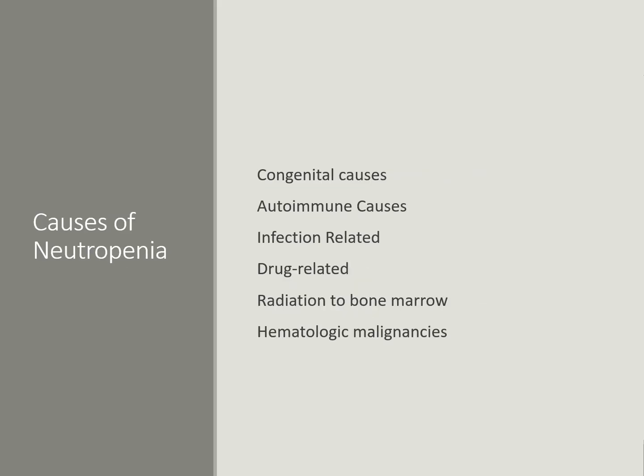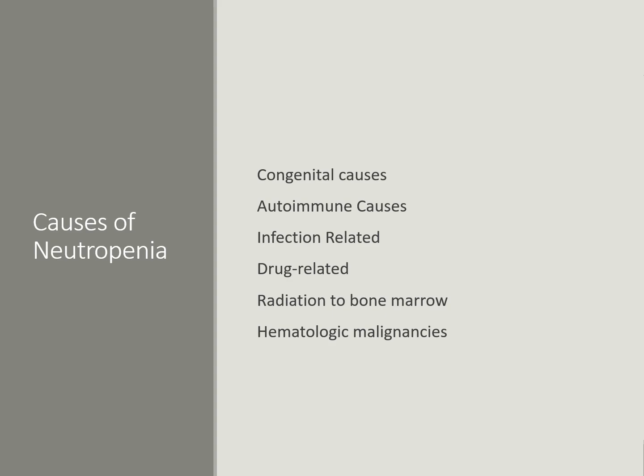So some common causes of neutropenia. There are congenital causes. Sometimes it's transfer of maternal antibodies that start to attack the white blood cells of the infant. There's also a disease called Kostmann syndrome, which is a genetic disorder that causes complete arrest in that myeloid or bone marrow maturation. Again, that's an inherited disorder, relatively uncommon.